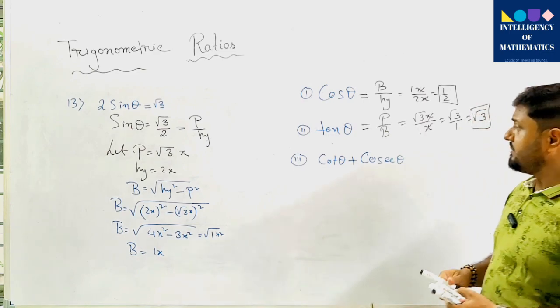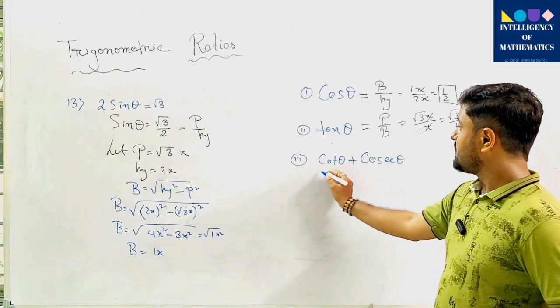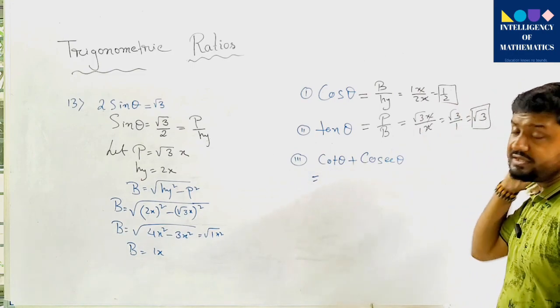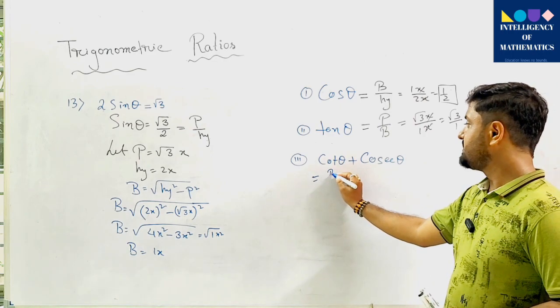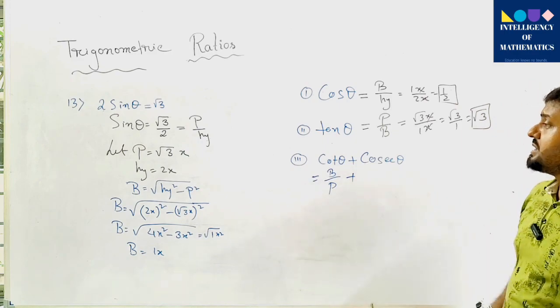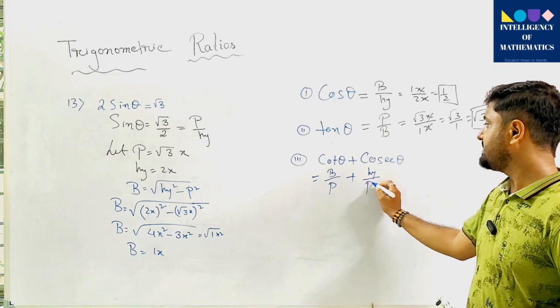Now we need the value of cot theta and cosec theta. Cot theta is the opposite of tan theta, we know. Otherwise you can do it by base by perpendicular also. Here cosec. Cosec is the opposite of sine. That means it will be hypotenuse by perpendicular.